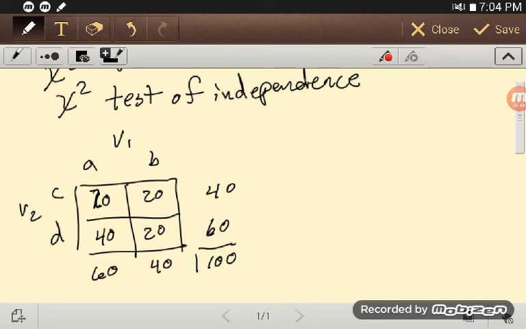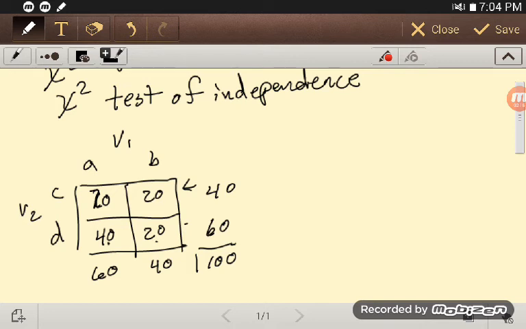And the way we look at this is we notice that this is definitely not on the surface independent, in that if I look here at this row, it looks like A and B are split equally, 50-50 or literally 20-20. But if I look at this bottom row, it seems to matter what row I'm in because A is twice as big as B. So on the surface, they look dependent.